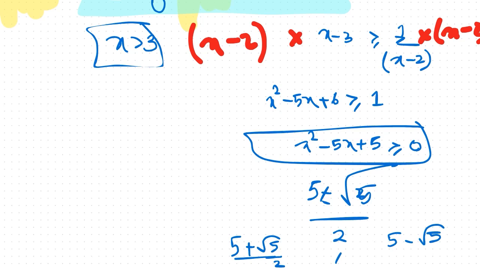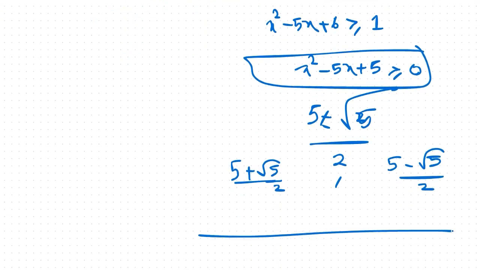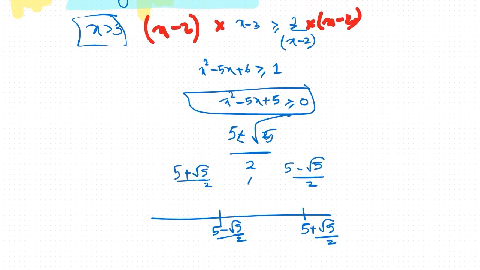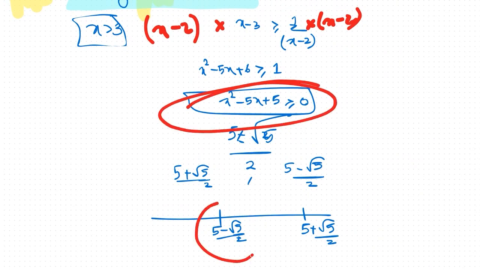So greater than or equal to 0 means which points we need to consider? These are the values of x, right? Based on this condition alone, these are the points. First, I have plotted the roots. And so greater than or equal to 0 means what is the favorable interval?